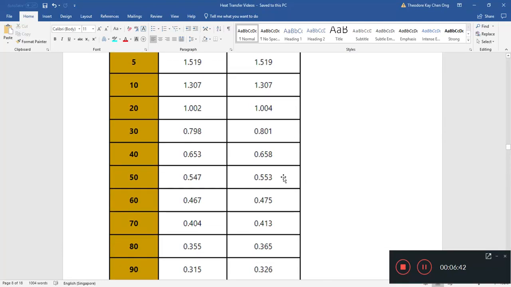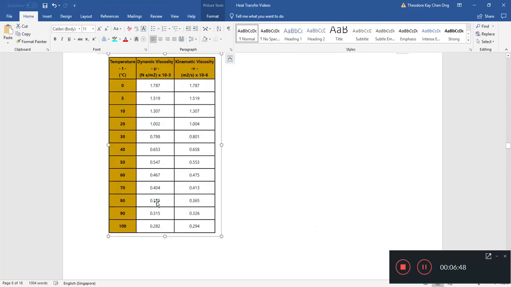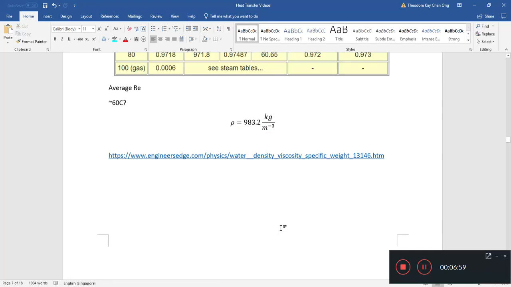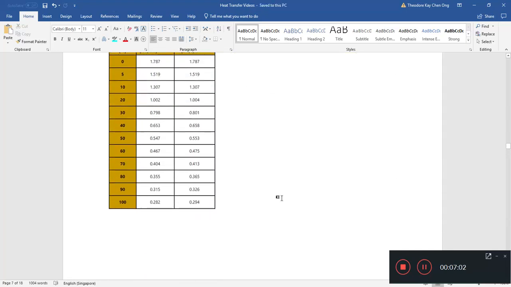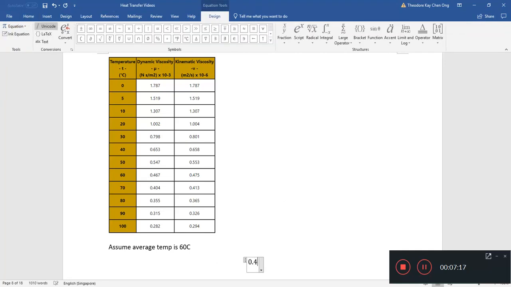We see that the water actually changes viscosity by quite a bit. Almost a 50% difference between, let's say, 30 and 80. In fact, slightly more than 50%. So we need to look for an average. Again, we'll just assume average temperature is 60 degrees C. That's just a guess. So 0.467 Newton second per meter squared, and that will be our mu value.